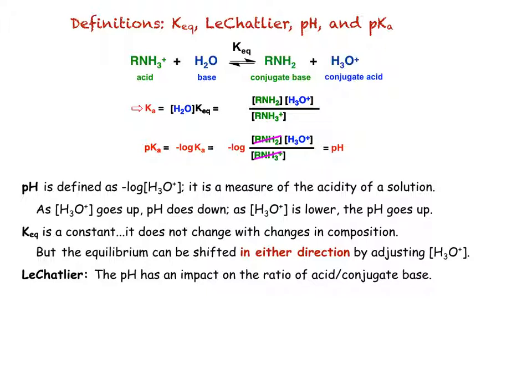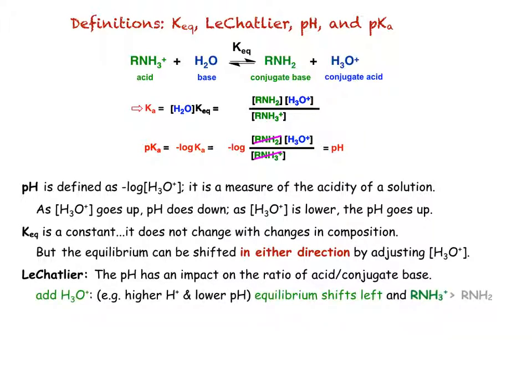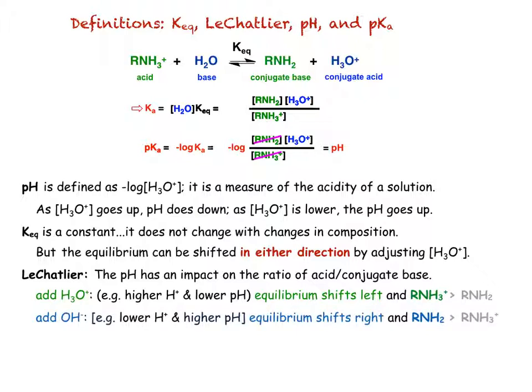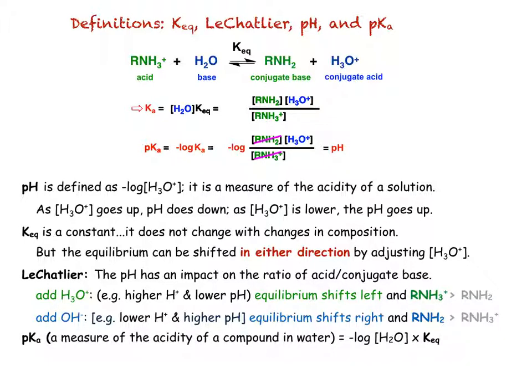And as we've suggested, we change that. We can change the ratios of the conjugate base to the acid. So we add H3O+, we're going to shift the equilibrium to the left, and RNH3+ is going to be more predominant. If we add OH-, then we're going to shift the equilibrium to the right, and the conjugate base, the RNH2, is going to be more dominant.